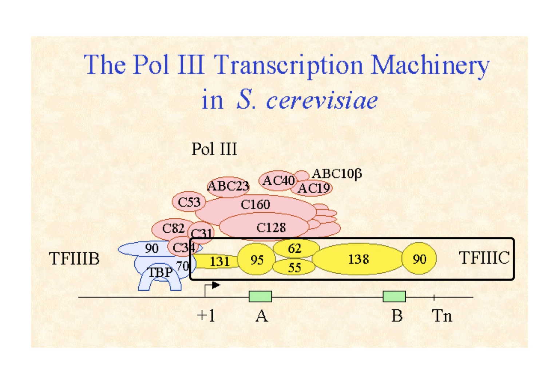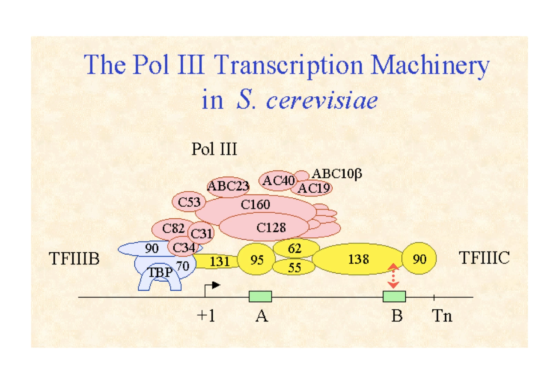So here's transcription factor 3C in yellow, and it's the 138 kilodalton subunit and the 95 kilodalton subunit that attach to the B and the A boxes respectively. And then here's transcription factor 3B, which actually has a TBP or TATA binding protein.